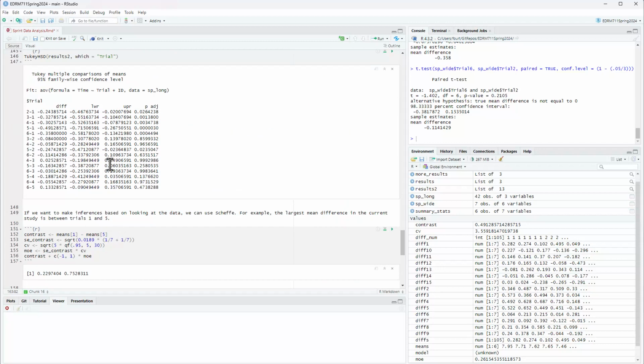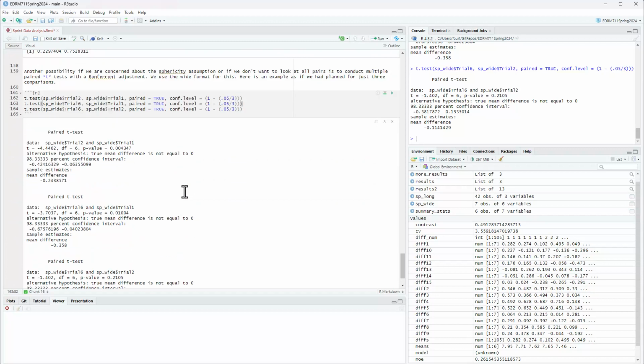So I'll go back up here to 1 versus 6, and I have here between 0.13 and 0.58, whereas down here I ended up within 0.04 and 0.67.